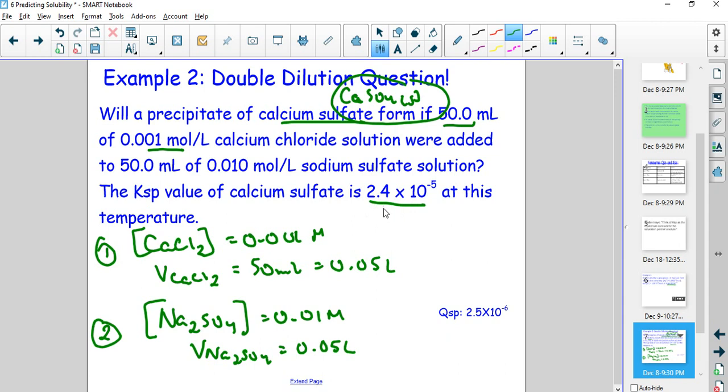You have all of the background knowledge to figure this out, but it is quite challenging not having done a question like this. This is called a double dilution question. It is also similar to something we will do in a couple of days called a common ion, but we'll get to that later. So the answer is here in case you do want to give it a try, but I am going to go over it now. This would be a question that I would not ask you to do by yourselves, maybe just get started on.